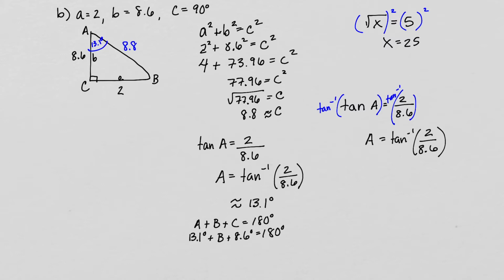We want that to be 180 degrees, which means B is going to end up being 76.9 degrees. You could technically do the tangent of B is equal to 8.6 divided by 2, but you will also get 76.9. You want to round so that your numbers end up equaling 180 degrees. So sometimes you have to use that rounded answer. We just try, if at all possible, to not use it.